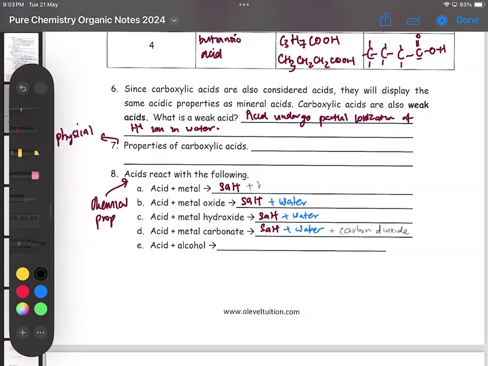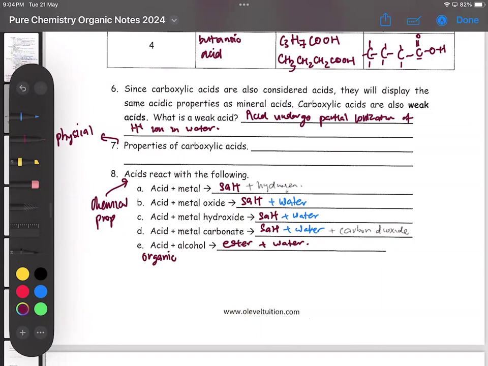And metal reaction produces hydrogen. The only thing new here is acid reacting with an alcohol. Not any acid, it must be organic acid. Your HCl, all these I cannot do. Only organic acid reacting with alcohol, you get something called ester, and you get water produced. Okay, that's all for the chemical properties.